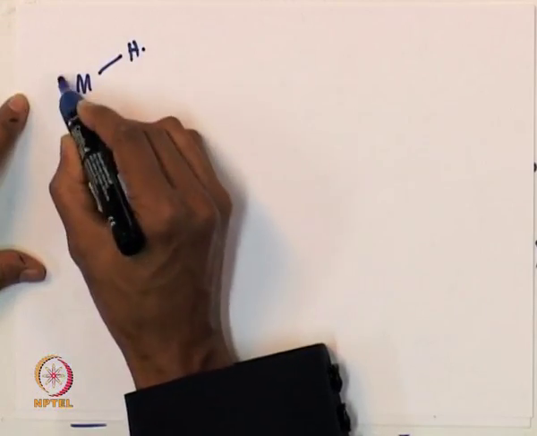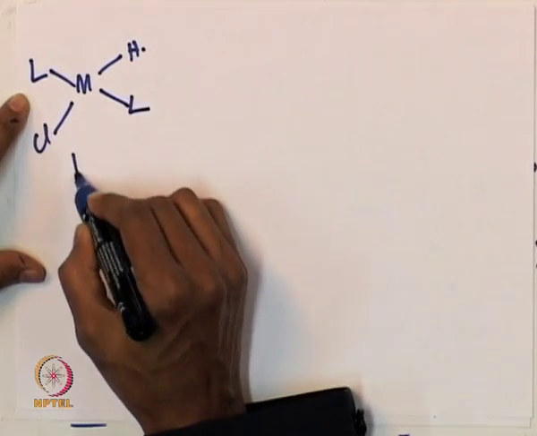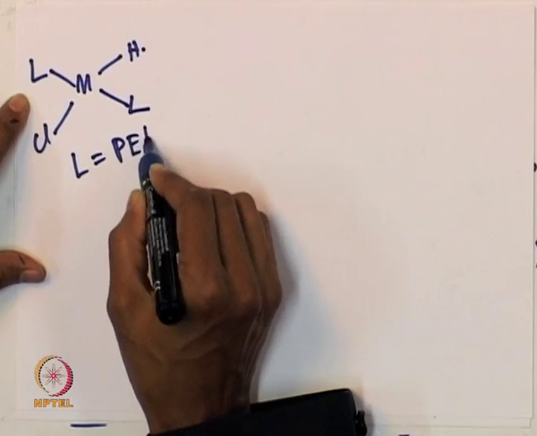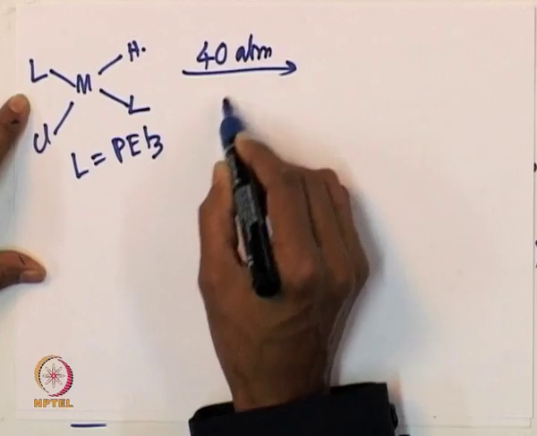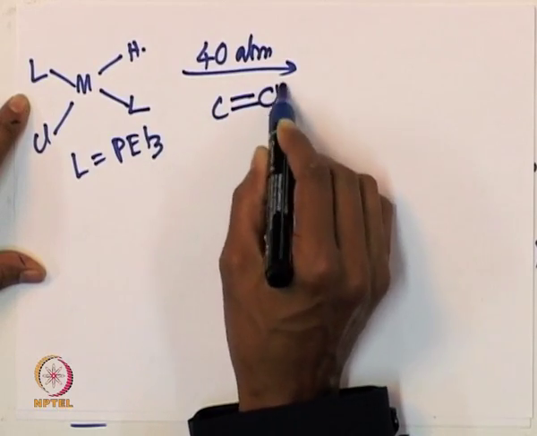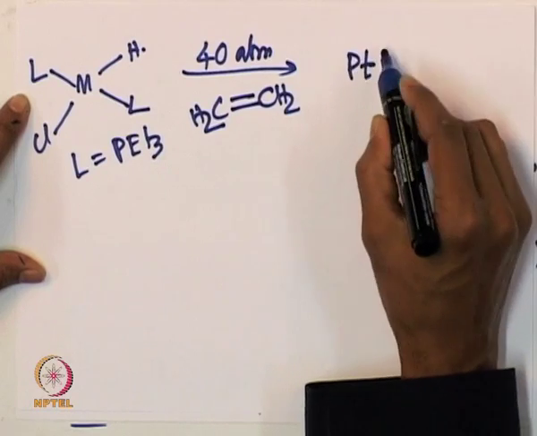Let us take that particular example in mind, with the metal hydride ligand and the chloride ligand, and in this particular case the phosphine is triethyl phosphine. Under 40 atmosphere pressure, when ethylene gas was passed or reacted, we can see the product formation.